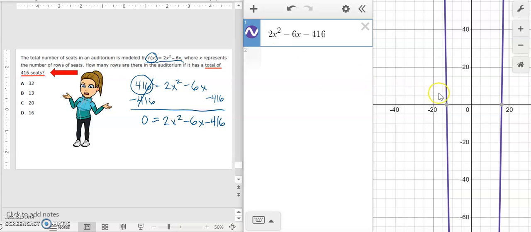Looking again, common sense here: number of rows, I'm not going to have negative rows, so it must be my other value, so it has to be 16. There is my answer with D. Beautiful. Use the calculator to help you. Just realize that if you put y equals, you can use a different variable, but if it doesn't work, remember, change it to x and you should be okay.